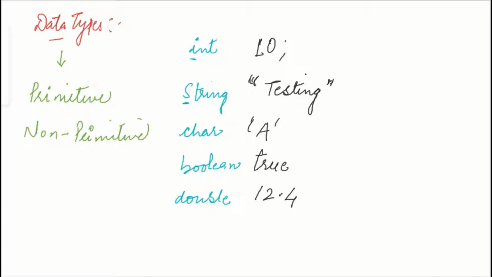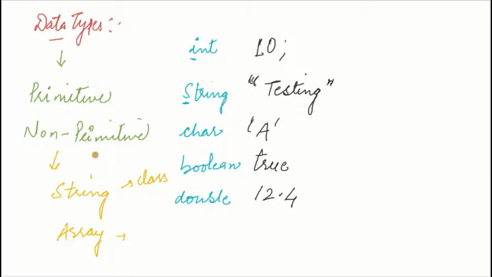Collection of things means, if I'm talking about string, this is a collection of characters. It is a class. Arrays, where we can store multiple values of similar data type, are again a class.